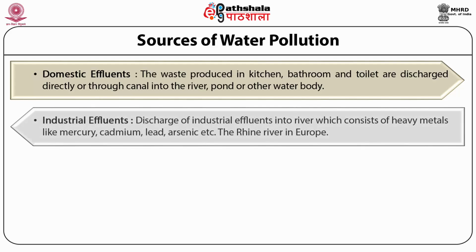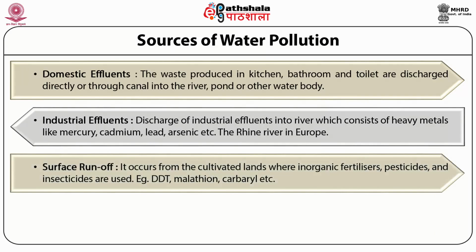Second is industrial effluents. It is the discharge of industrial effluent into rivers which consists of heavy metals like mercury, cadmium, lead, arsenic, etc. The Rhine River in Europe is one of the best examples in which a large amount of heavy metals are released into the river.